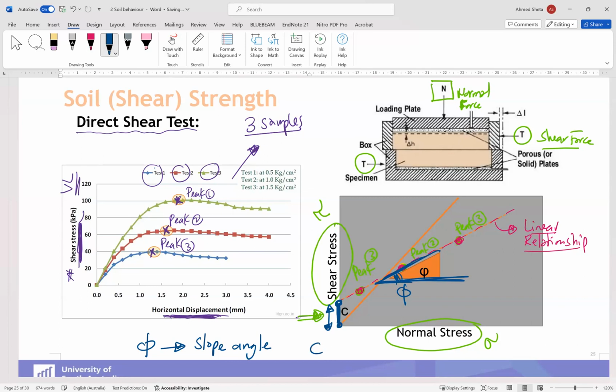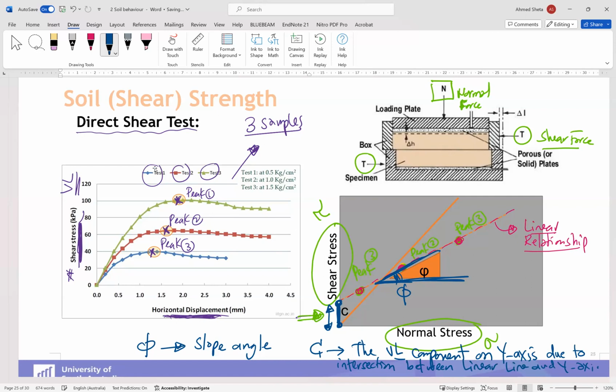So C will be the vertical component on the y-axis due to the intersection between our linear line and the y-axis.